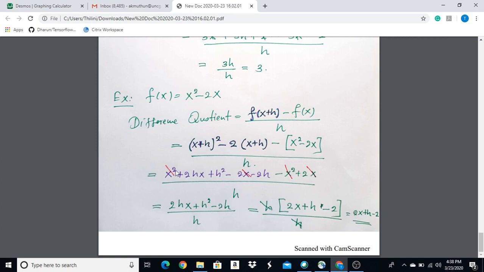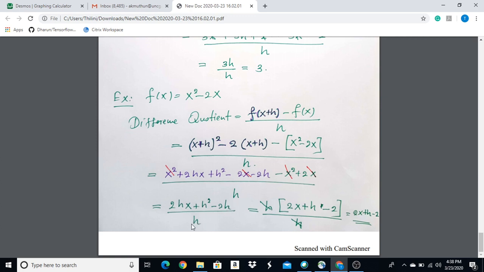So what do we have here? We have x squared and a negative x squared, it cancels out. And we have negative 2x and positive 2x, so that cancels out. The rest is 2hx plus h squared and negative 2h. That's it in the numerator.